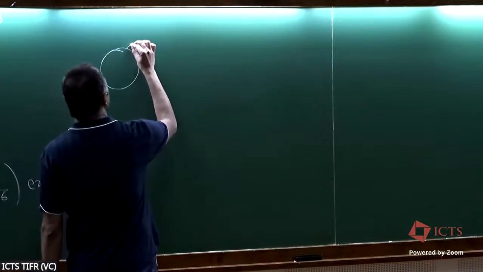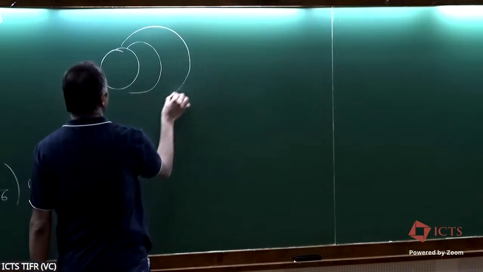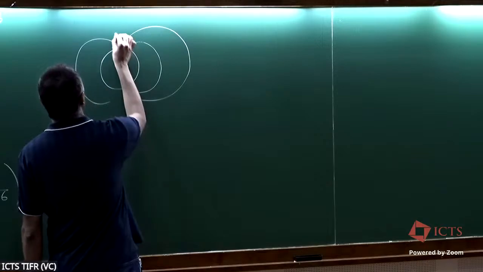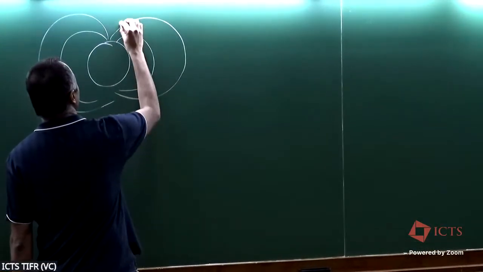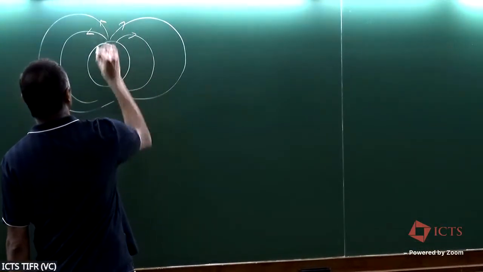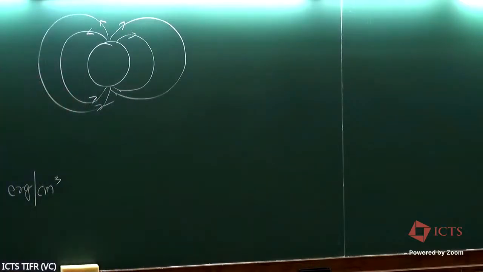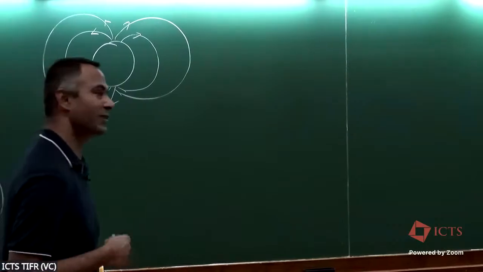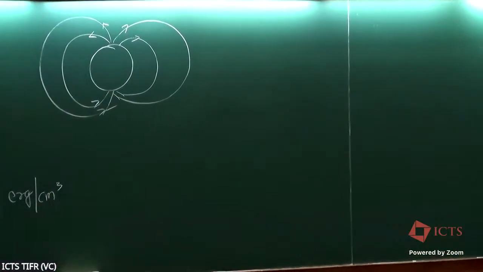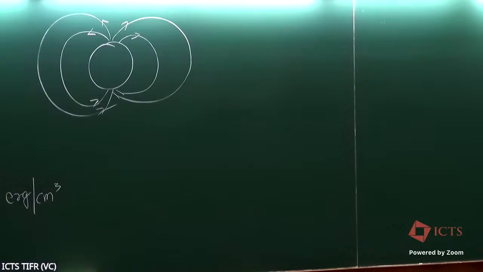So close to the planet, you're going to have this kind of dipole structure, and I'm drawing the magnetic field here. It's going to look like that close to the planet. But as you go further away from the planet, as you mentioned, it's unclear what happens, because at some point the plasma is going to win out and the field will not be able to keep the plasma in co-rotation.